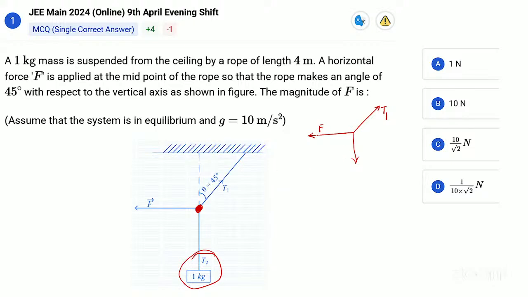ठीक है, अब देखो तीन फोर्सेस है हमारे पास। First is F, second one is this, which is nothing but 10 Newton mg, and this is T1.